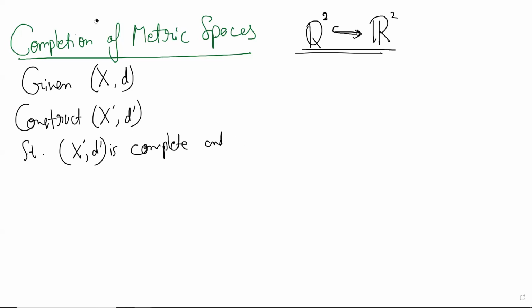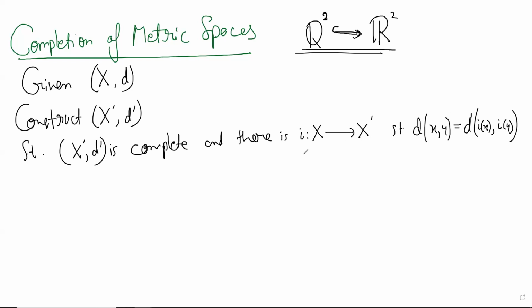And there is an injective function, not an inclusion. There is a function I, which is from X to X prime, such that d of x comma y is equal to d prime of Ix comma Iy.